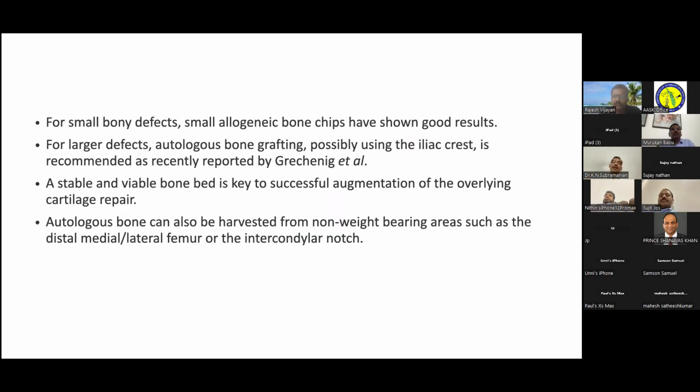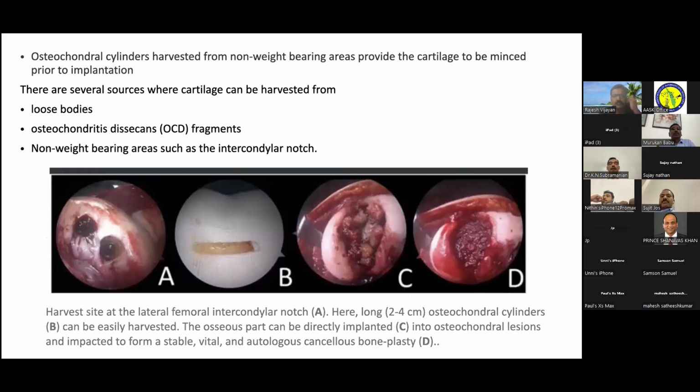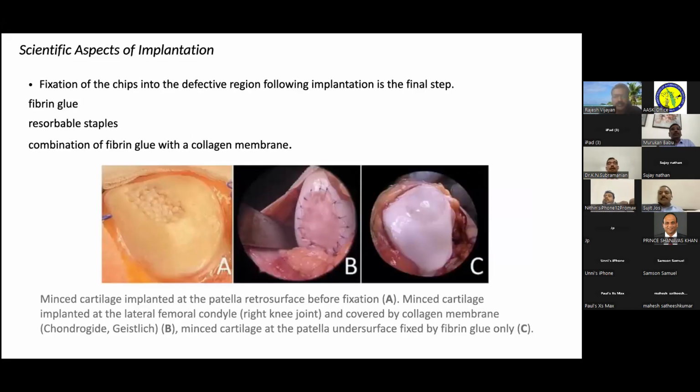That has been described in the literature, but I have not done allogenic bone chips. But you can use that also, as available in the market. This is another example shown in the literature where you can use allogenic bone chips along with the cartilage chips and along with the fibrin glue, so that it makes a nice paste and covers the whole area of the defect. And some people are using membranes also in order to hold that.